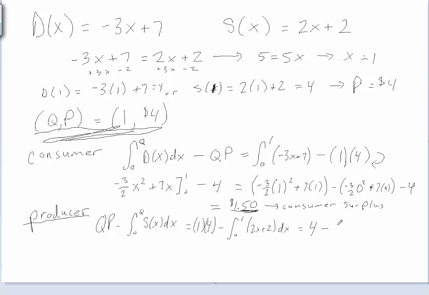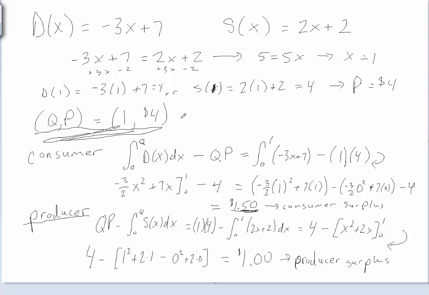So that's going to be 4 minus x squared plus 2x evaluated between 1 and 0. 4 minus 1 squared plus 2 times 1, minus 0 squared plus 2 times 0, or a value of 1 or $1, and that is the producer surplus.